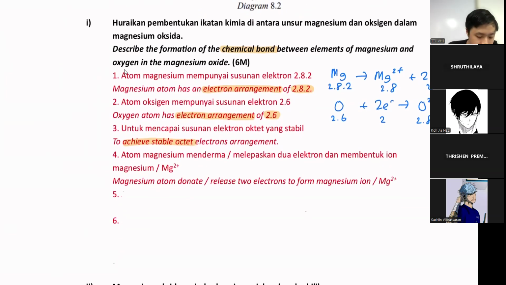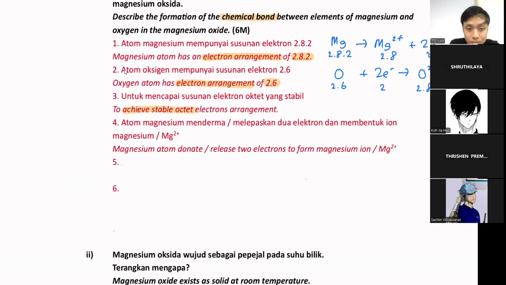Now, number 4, talk about how Mg becomes Mg2 plus. Actually the answer scheme is a bit wrong, the third point should be at number fifth, but it's okay.